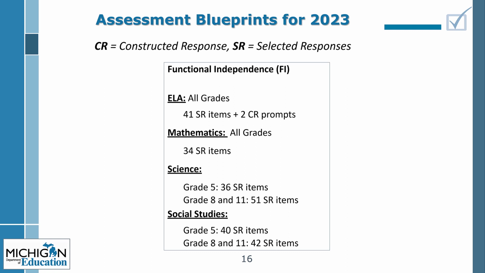Mathematics at all grade levels, 3 through 8 and 11, contains 34 selected response items. Science tests have 36 selected response items for grade 5 and 51 items for both grades 8 and 11. Social Studies has 40, 42, and 52 selected response items in grades 5, 8, and 11, respectively.